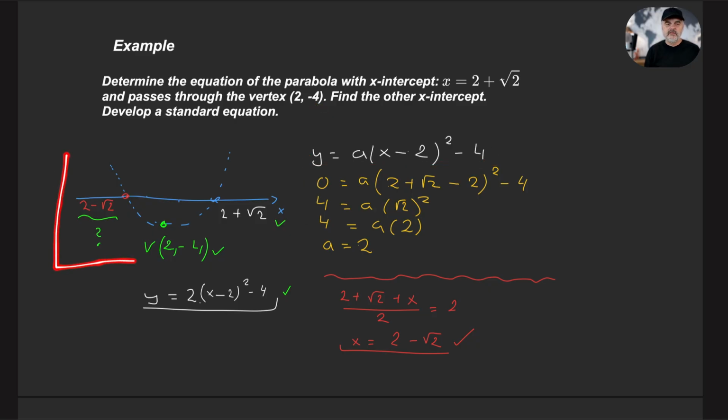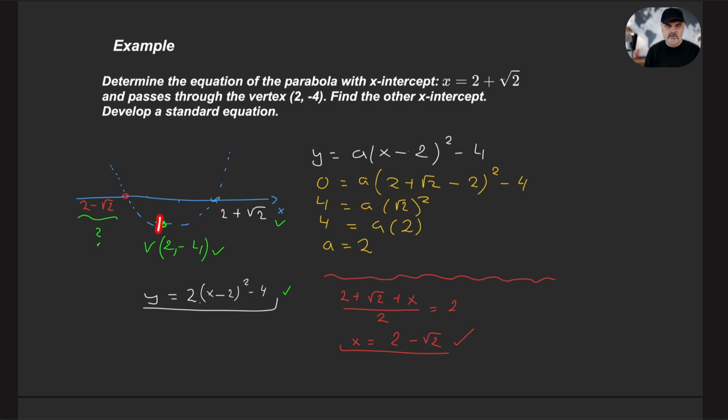Oftentimes it is a good idea to create a sketch of the situation, to visualize the word problem. So now we have one x-intercept, which means when y is equal to 0, x is equal to 2 plus square root 2.